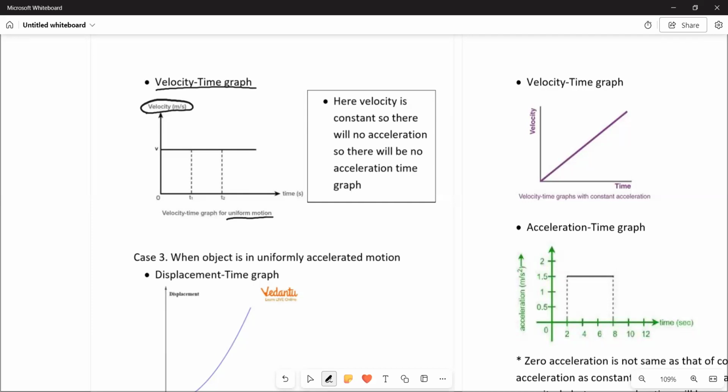So our speed was the rate of change of distance.